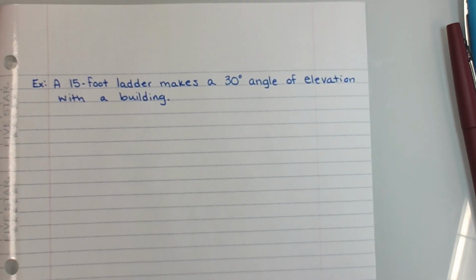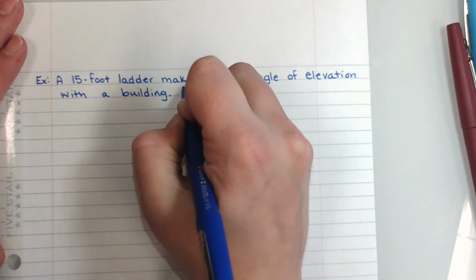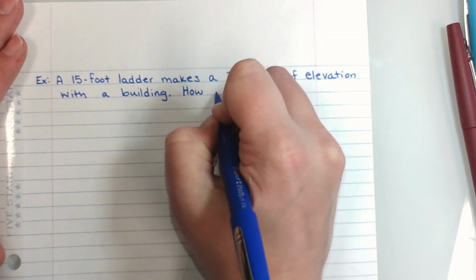A 15-foot ladder makes a 30-degree angle of elevation with the building. How far up the building does the ladder sit?